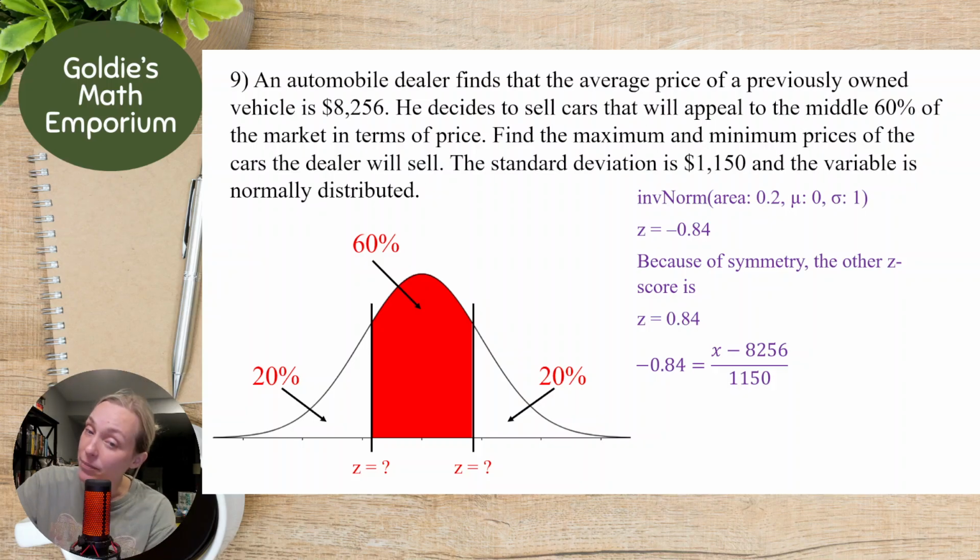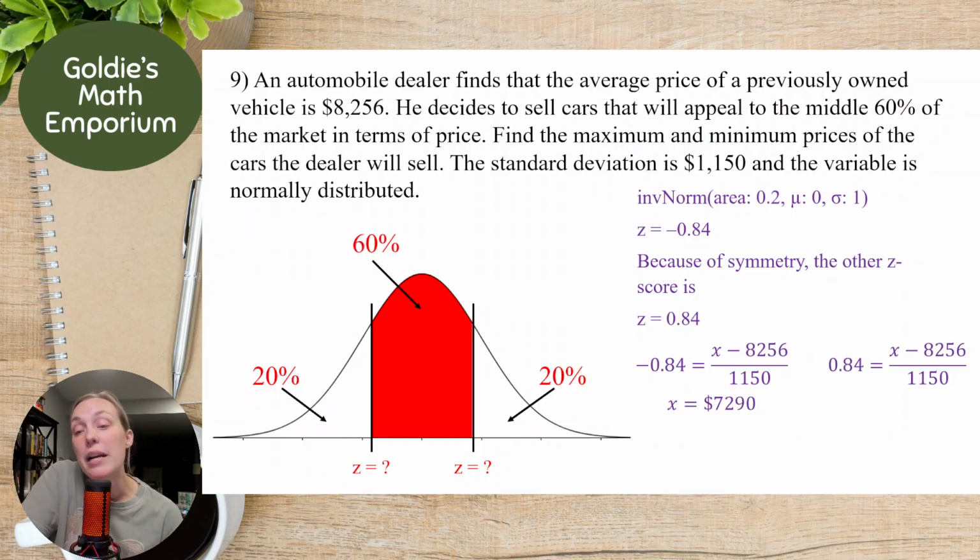From there, I can find my x value, but I have to do it twice because I have two z-scores and I need two x values. My first x value, my lower boundary, the minimum price the car dealer will sell, I'm going to use my lower z-score of negative 0.84. I put in my mean and standard deviation and solve for x, and that's going to be $7,290.